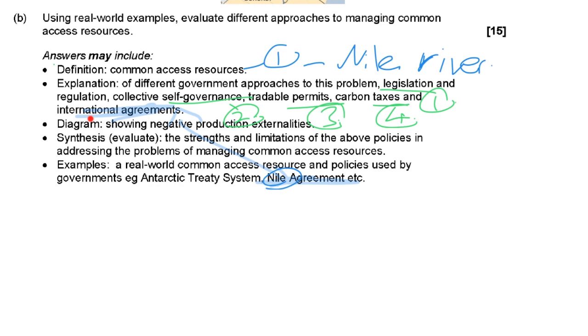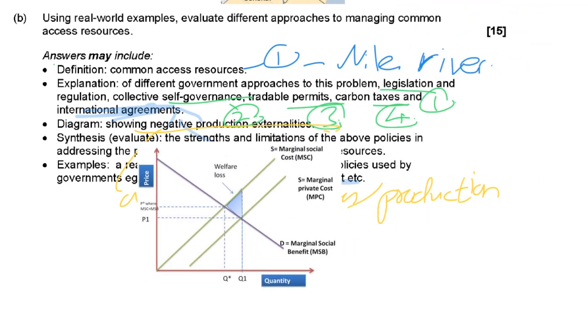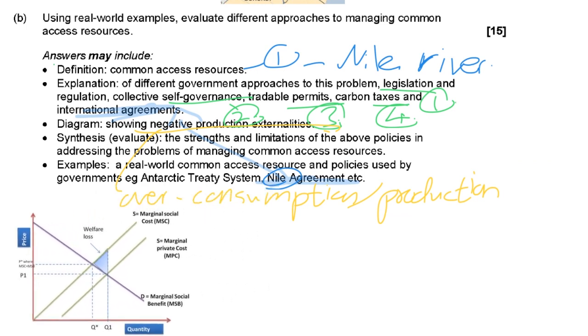Then you have to put in diagrams, because when we talk about common access resources, there are always overproduction and overconsumption. Why is that? Because the cost is not borne solely by the consumers or producers. Think about a river: you do not have to bear the cost of managing the river, so a lot of people would overuse it.